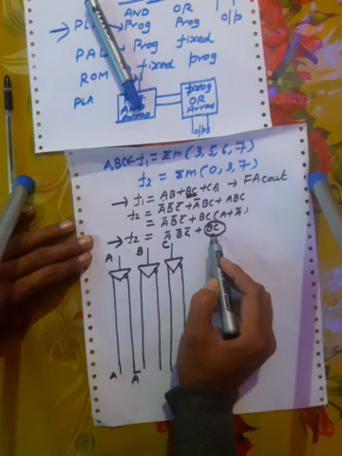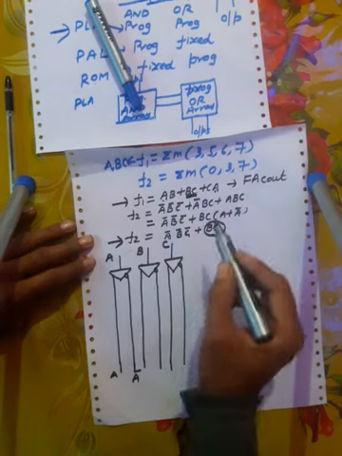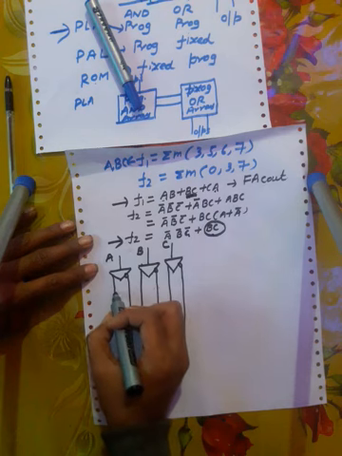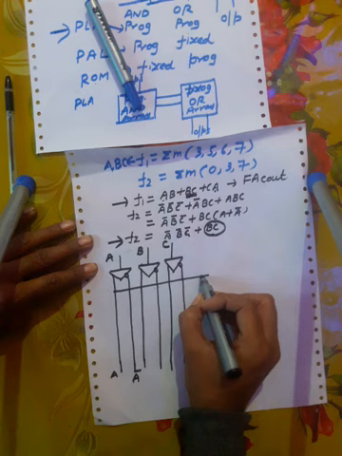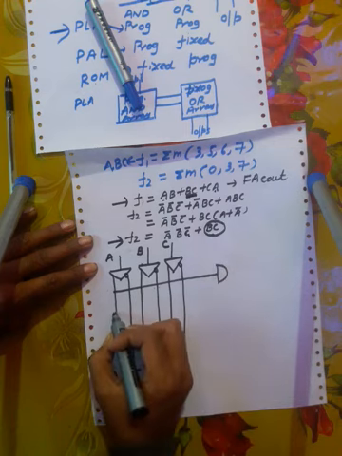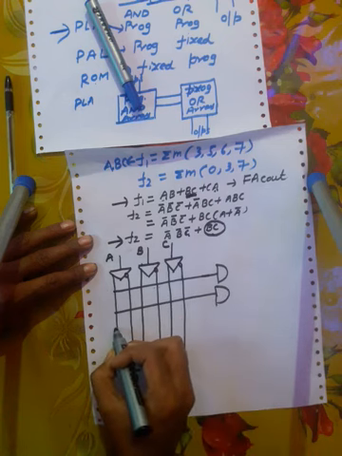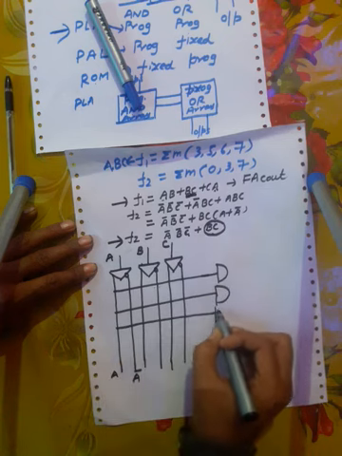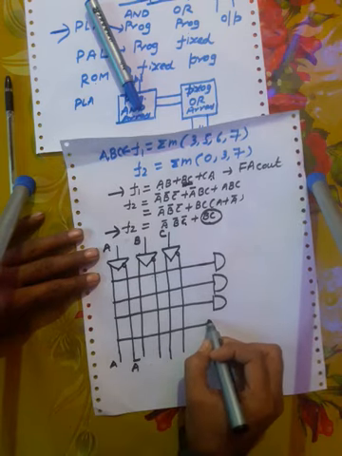Not for this BC, because we have already included it here. So you will make the AND terms here: 1, 2, 3, 4.